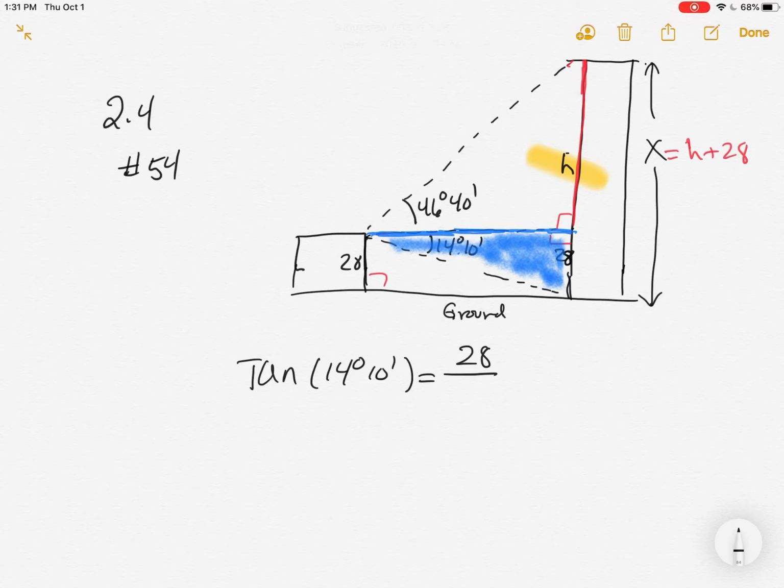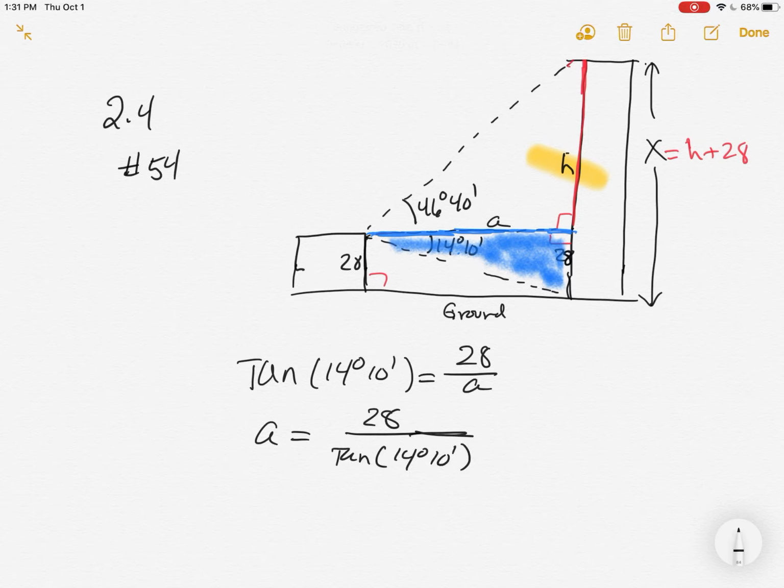Why don't I call that side A? That's along the top there, just for the word adjacent. So I'm going to go ahead and solve for A, although thinking about it, I could leave everything so that it's all solved in one swoop, but let me just solve for A. A is equal to 28 all over the tangent of 14 degrees 10 minutes.